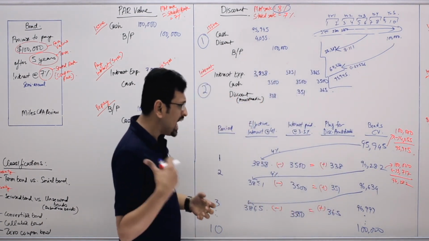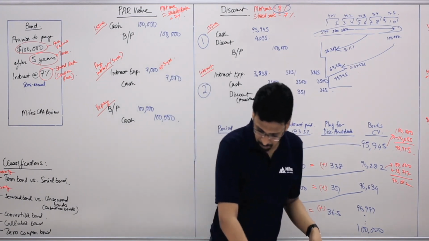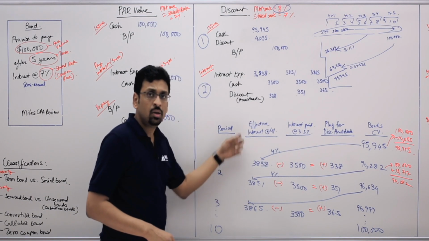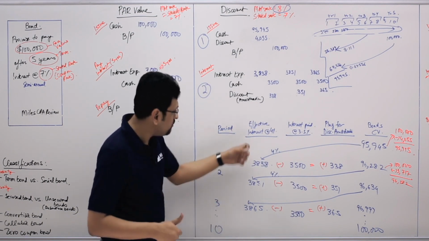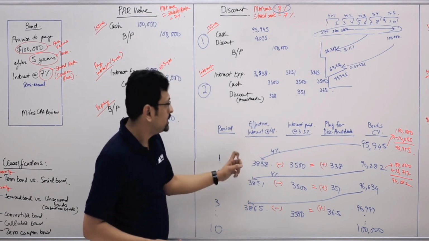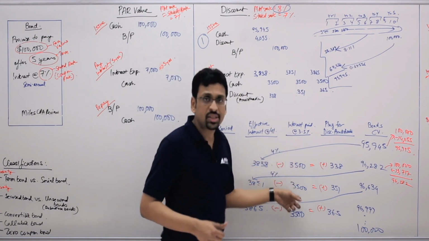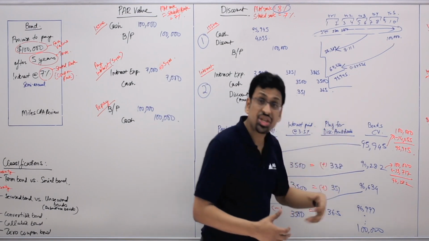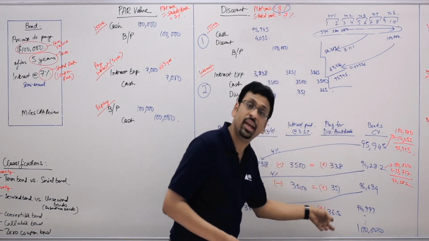Now one thing I want you to observe here, the effective interest rate number is increasing every year. The interest paid number, this is constant every year. The discount amortization is also increasing every year.